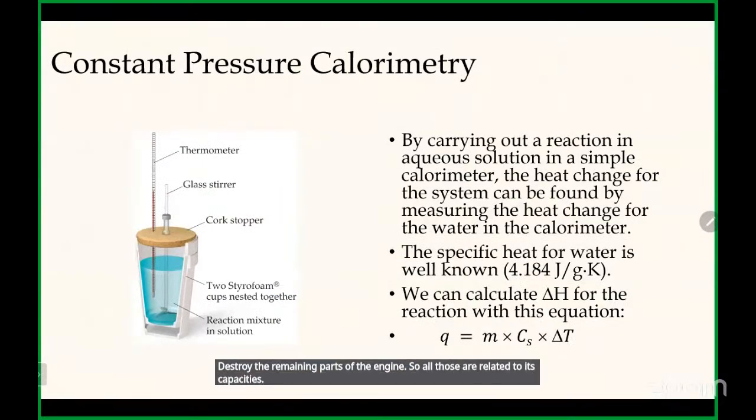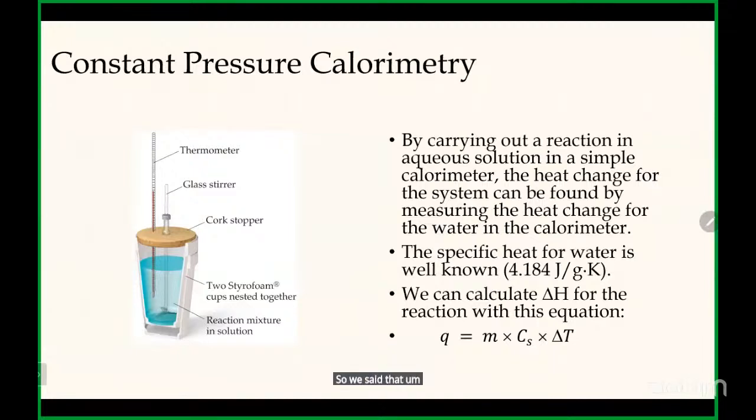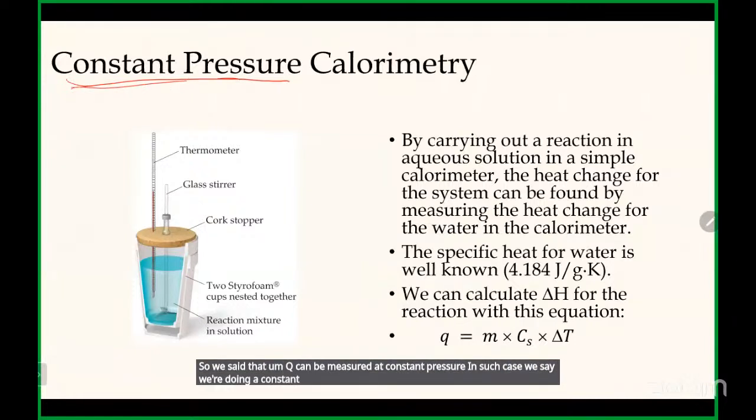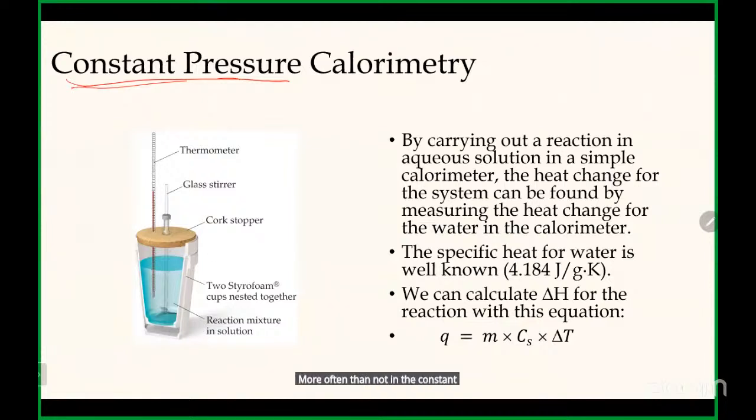So we said that the Q can be measured at constant pressure. In such a case, we say we're doing a constant pressure calorimetry. More often than not, in the constant pressure, the volume can change. It's common in chemistry labs, and in places where the pressure is required to be constant.